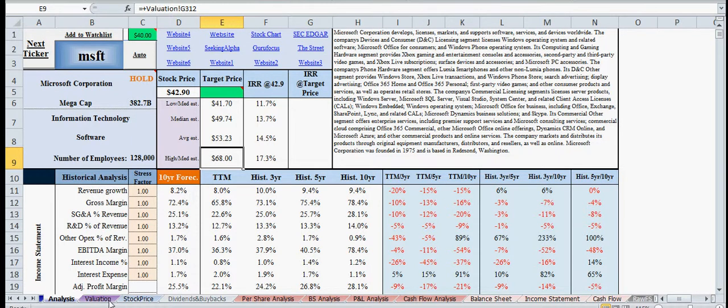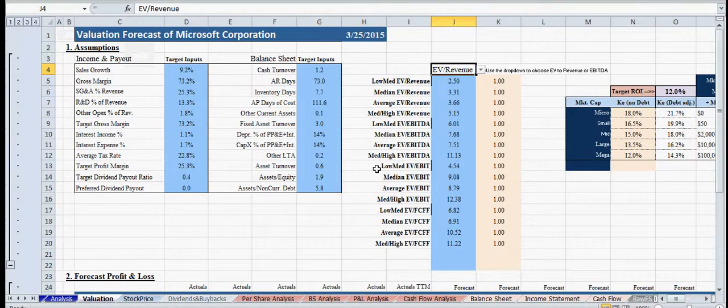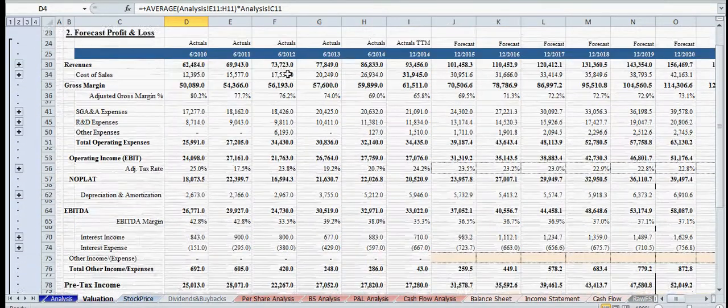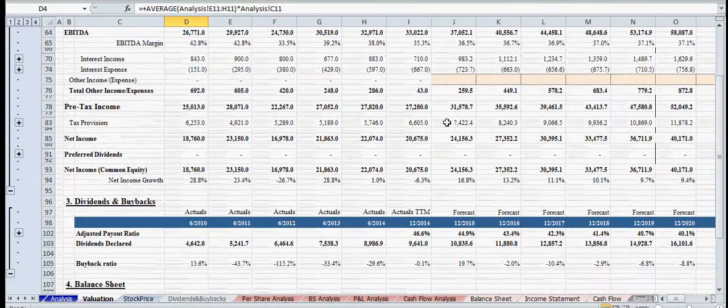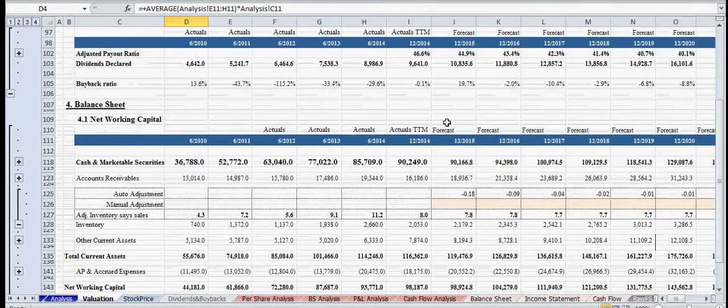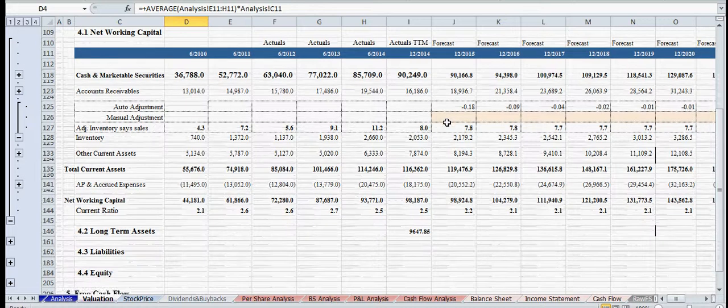And imagine, okay, I don't really know how that valuation is coming up. Well, let's look at the assumptions. Our target inputs is sales growth of 9.2%. We've got income and payout inputs, and we've got balance sheet inputs. We can actually go into the valuation tab and perform manual overrides of some of the most important information that we need.